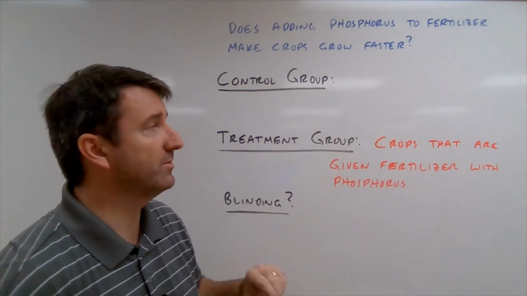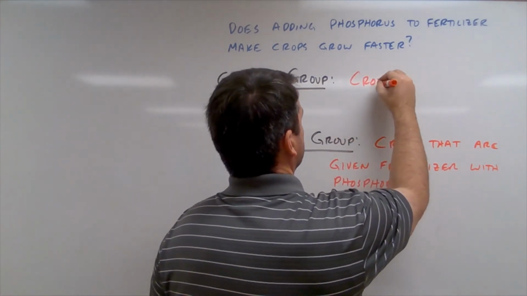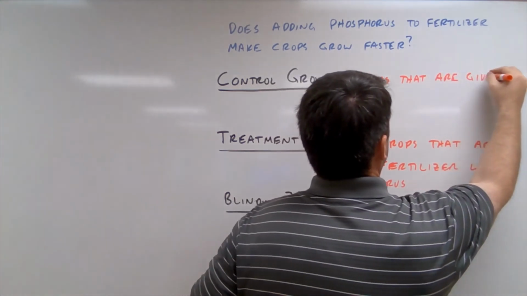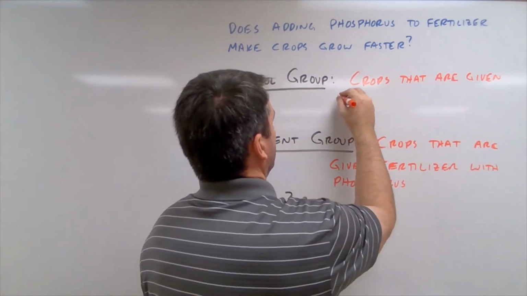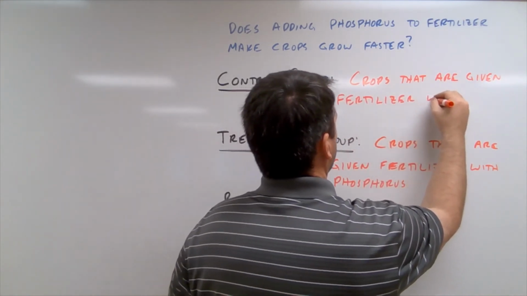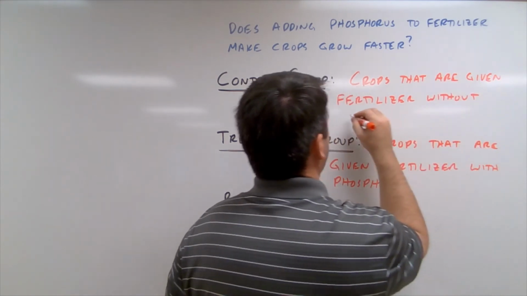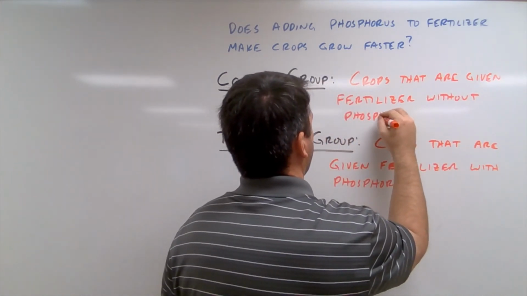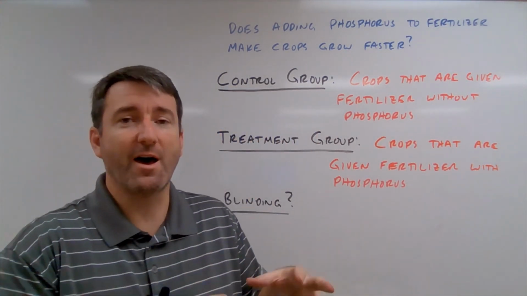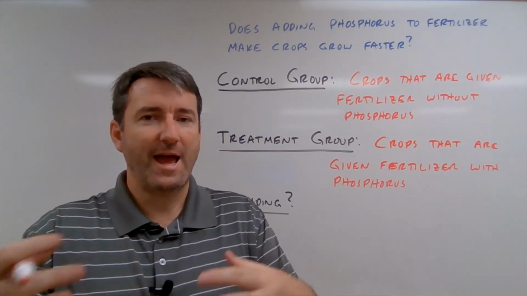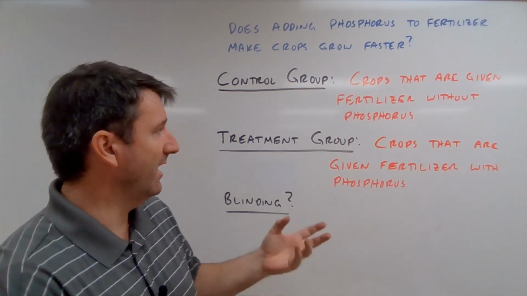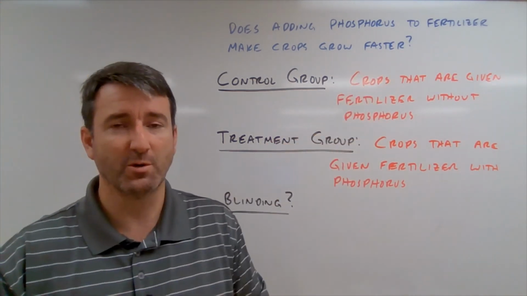And now our control group then would be crops that are given fertilizer without phosphorus. Notice here that what we're testing is not whether or not fertilizer has an impact. So we're giving fertilizer to both crops in the treatment group and crops in the control group.